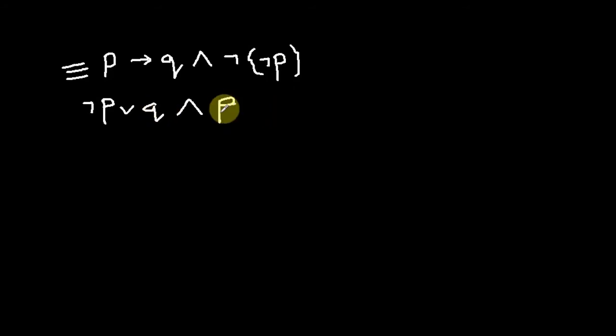So this is going to be P. For example, NOT of NOT A is called double negation, and the answer is A. This is going to be the answer.